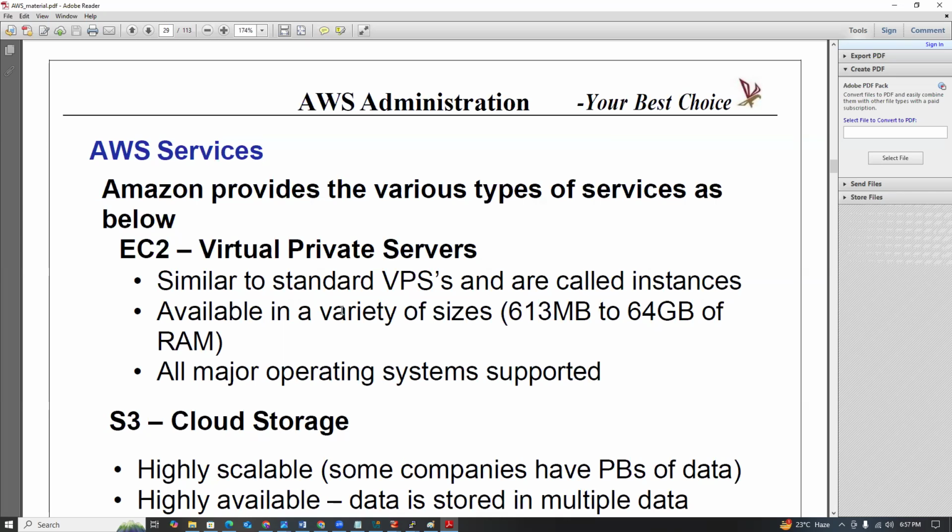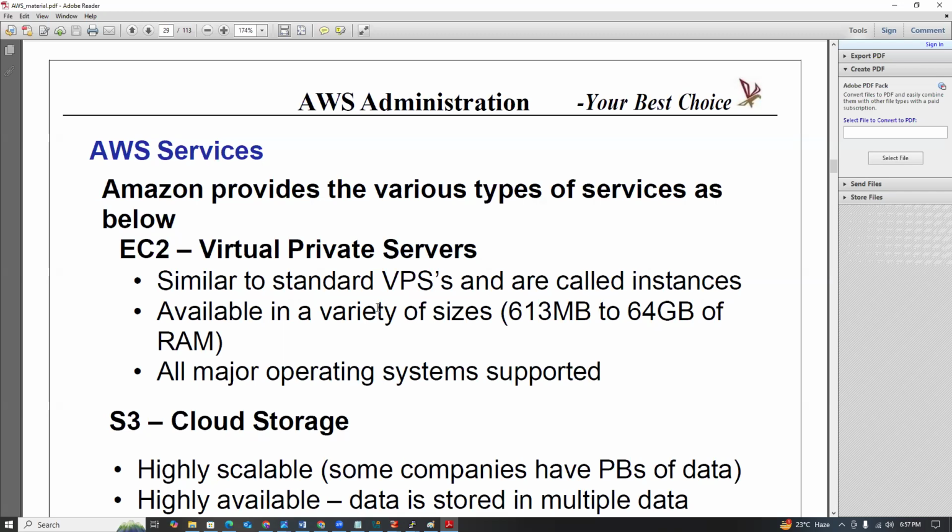In virtualization we call it a VM, so a VM is nothing but an instance in AWS. They are available in a variety of sizes, from 613 MB to 64 GB of RAM, and all major operating systems are supported.